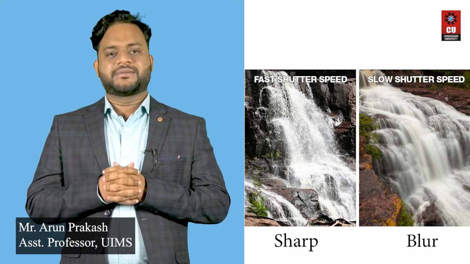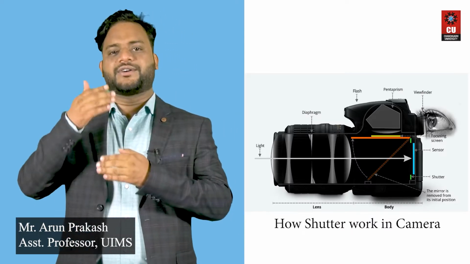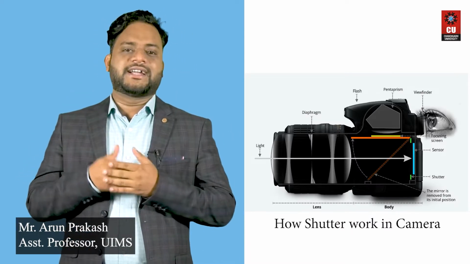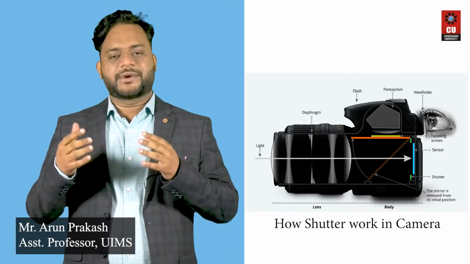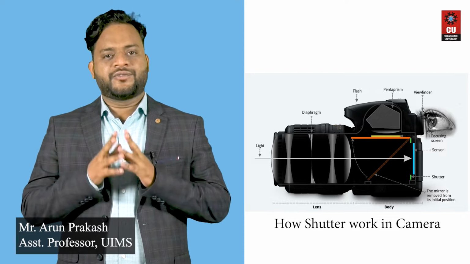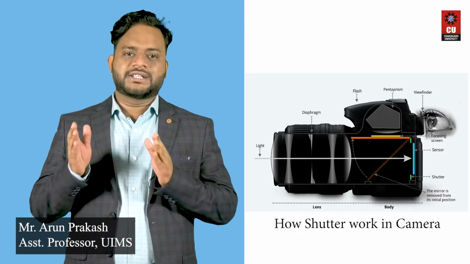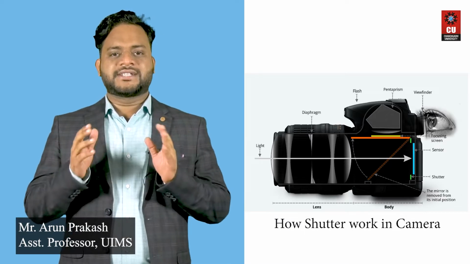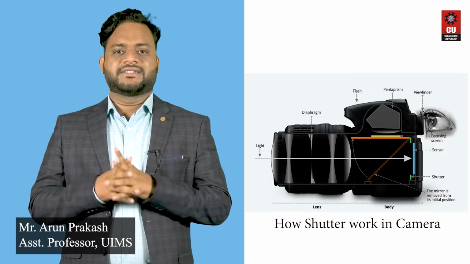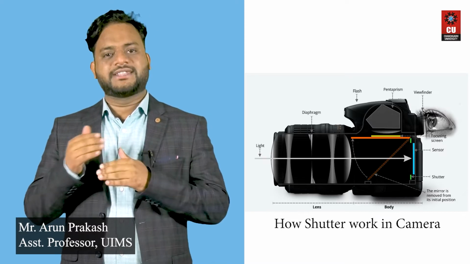Shutter speed exists because of the camera shutter, which is a curtain in front of the camera sensor that stays closed until the camera fires. When the camera fires, the shutter opens and fully exposes the camera sensor to the light that has passed through your lens. After the sensor is done collecting the light, the shutter closes immediately, stopping the light from hitting the sensor.